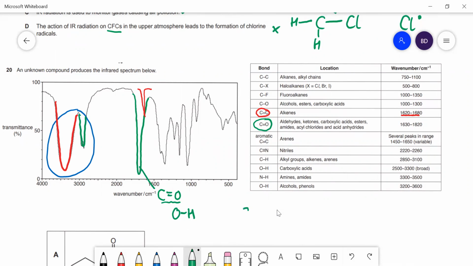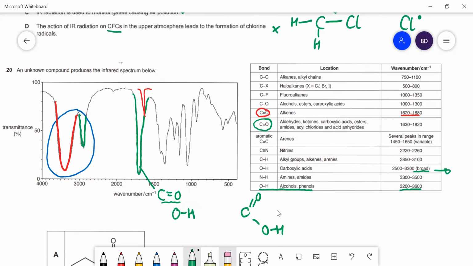Now, it cannot be a carboxylic acid OH. If you look at the carboxylic acid OH, there's our alcohol OH at 3,200 to 3,600. The carboxylic acid is much broader for a start, and is pushed to the right of the spectrum.